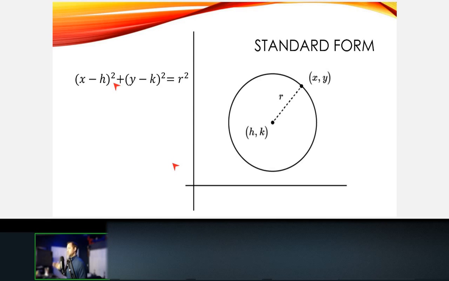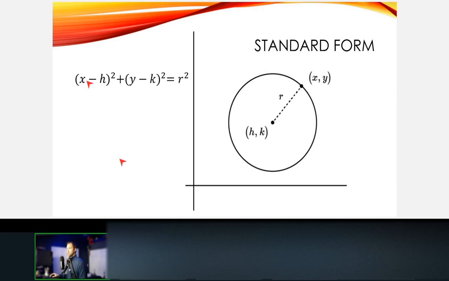It'll be nice if you kept a separate sheet that has all 4 equations on there so you can quickly reference them. So this is the first one that we need to know. You want to label this: this is the standard form of a circle. This is the equation in standard form of a circle.